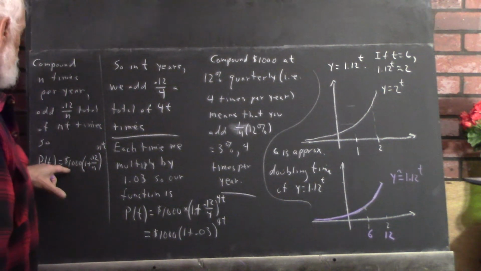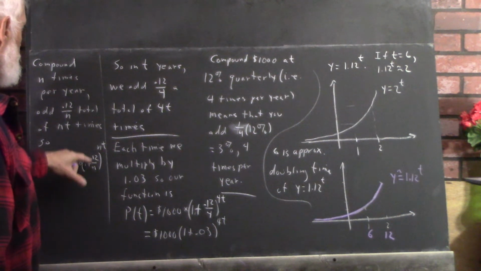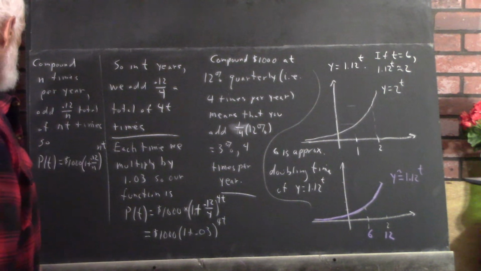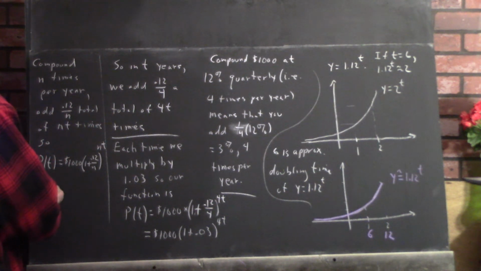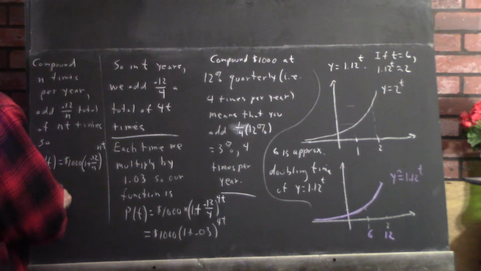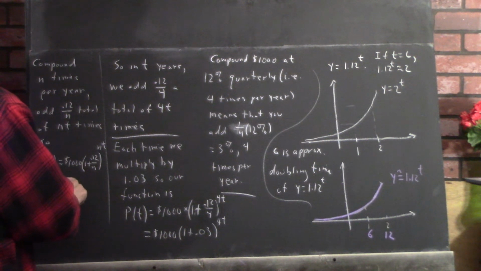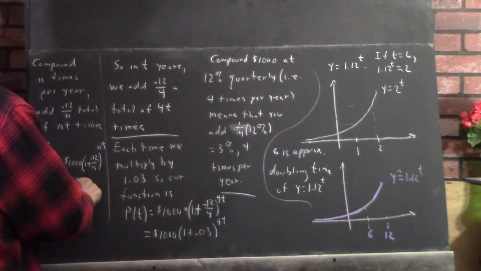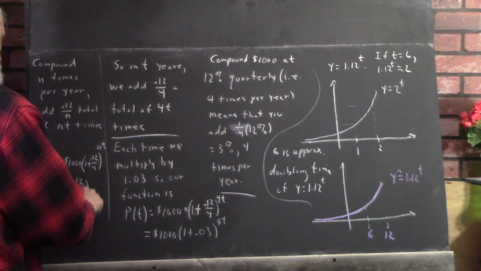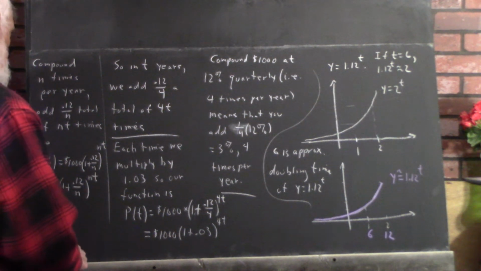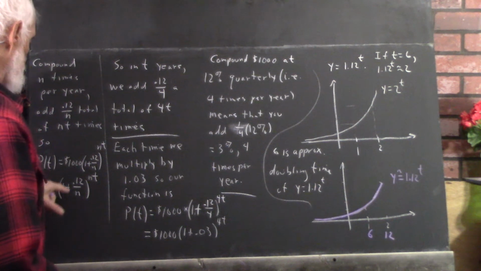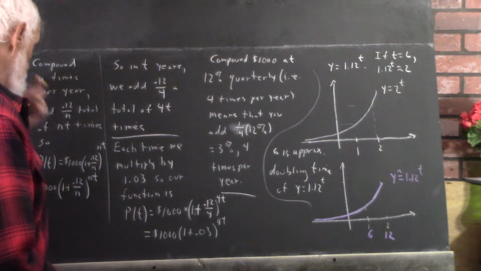And we get $1,000 times 1 plus 0.12 over n to the nt. And I'd better write that a little bigger, because I don't know if I could read it from where you are. Okay? $1,000 times 1 plus 0.12 over n to the nt.